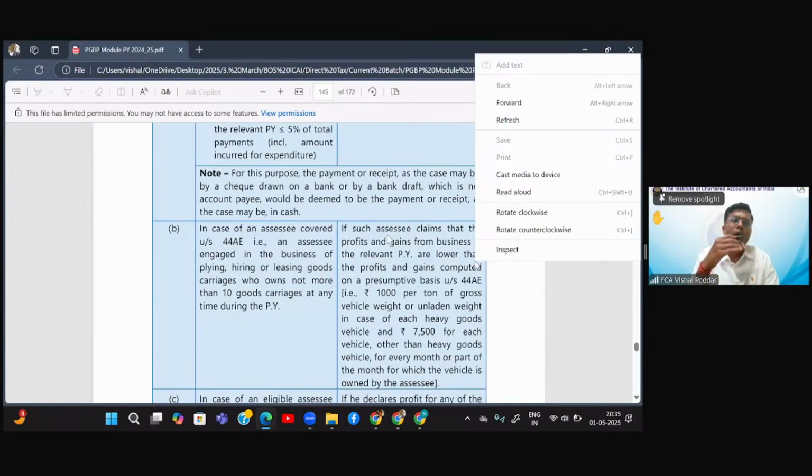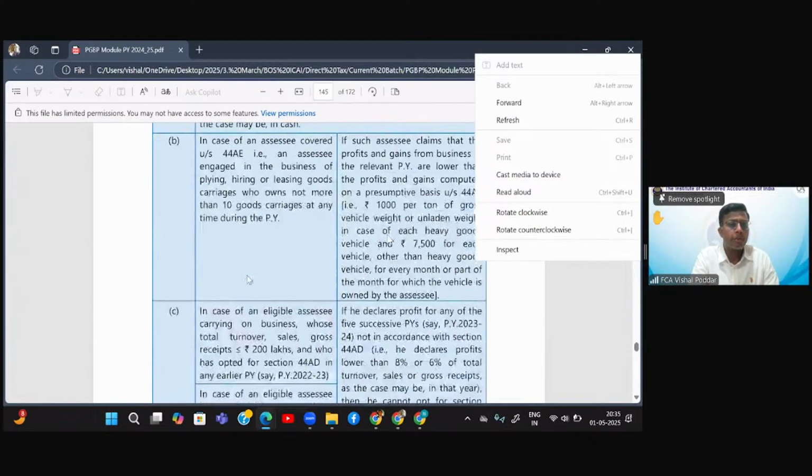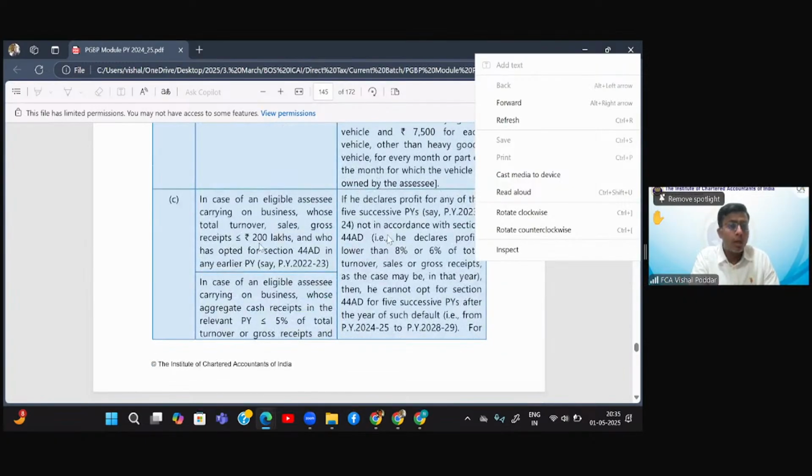Wherever you are showing higher, we are okay. Wherever you are showing lower, get your books audited to prove that it is lower. That is a simple logic. So here you will find transport business. Again, you will find for that 44AD business, you are supposed to show that 8% and 6%. If you are showing lesser, get your books audited. So this is the criterion.